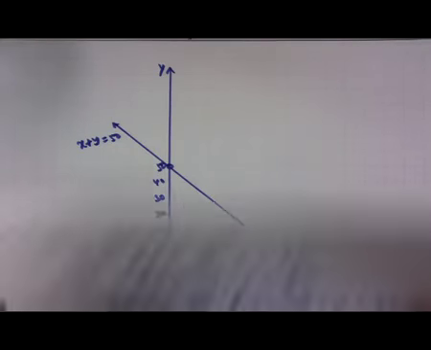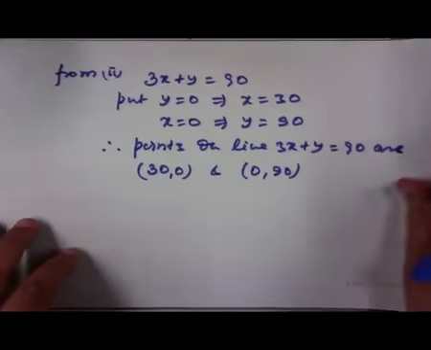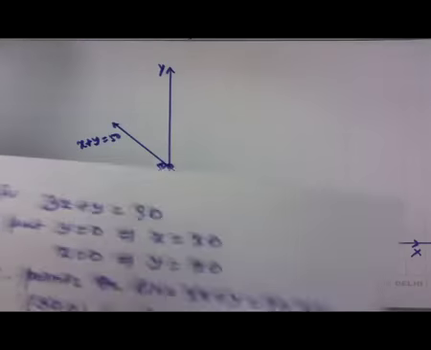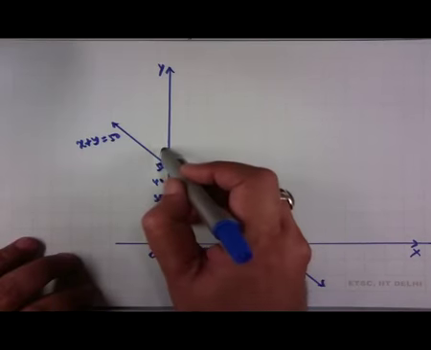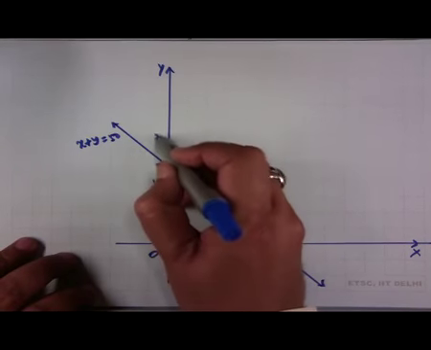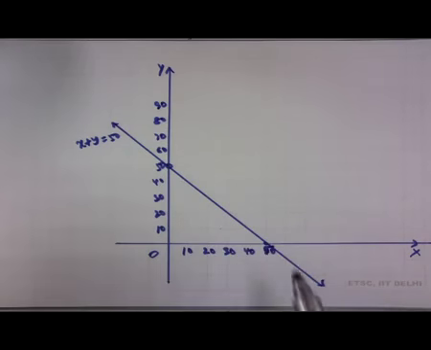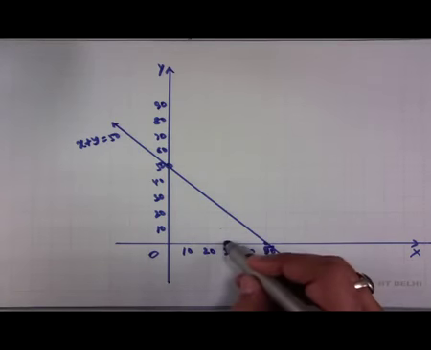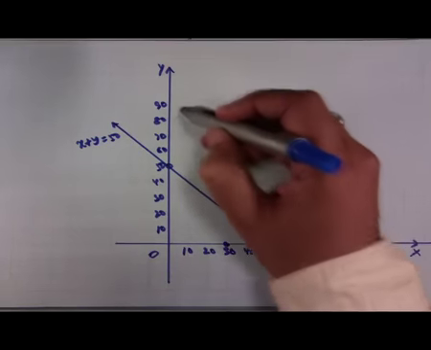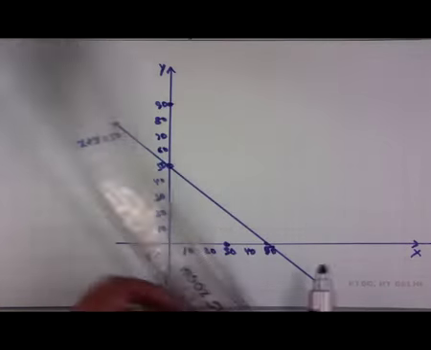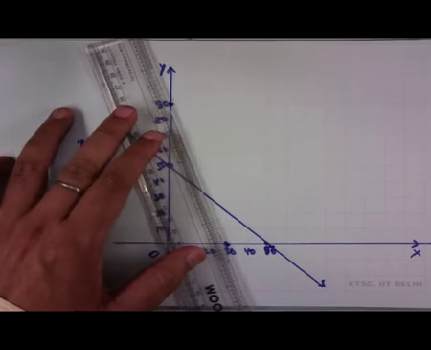Now for the second associated equation, points are (30, 0) and (0, 90). So this is 30 and this is 90. Join these 2 points.